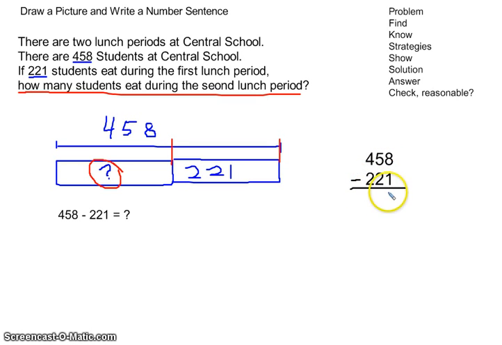We start out with 8 minus 1. That is 7. And 5 minus 2 is 3. And 4 minus 2 is 2. And I say, okay, I have 237, right? Makes sense, show solution 237.